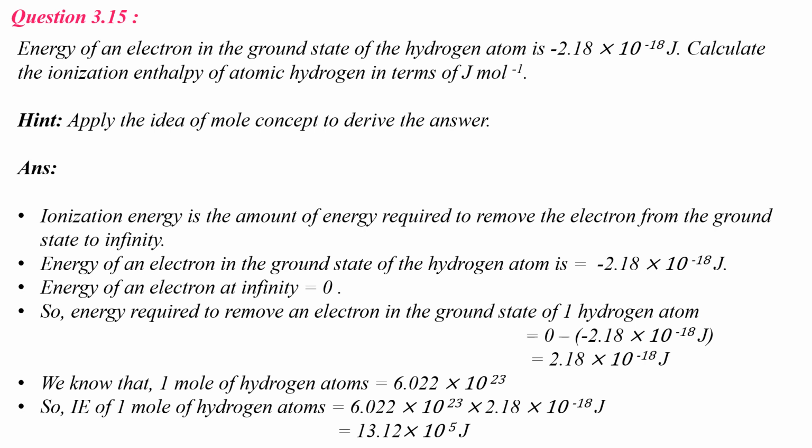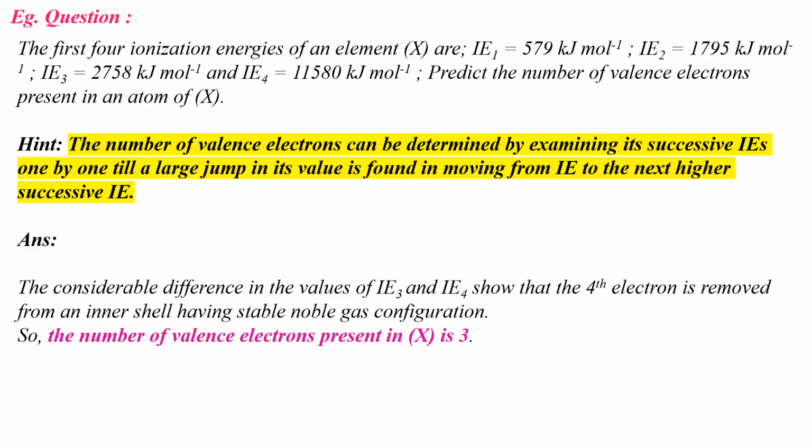So the ionization enthalpy of 1 mole of hydrogen atoms is nothing but you multiply this Avogadro number with the answer you obtained in the last step, isn't it? That is 6.022 into 10 power 23 into 2.18 into 10 power minus 18 joule. On solving this, you get 13.12 into 10 power 5 joules. So 13.12 into 10 power 5 joule per mole is the ionization enthalpy of atomic hydrogen.